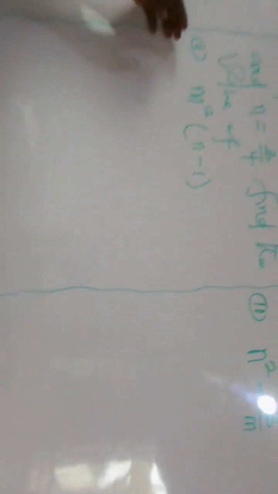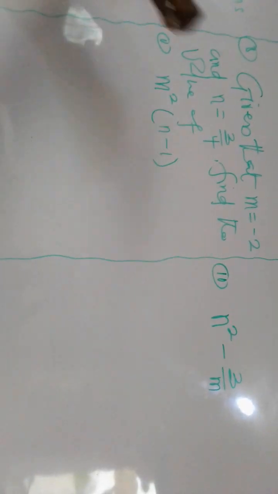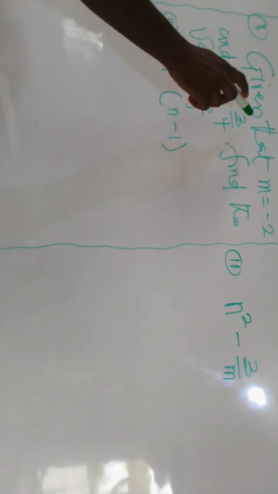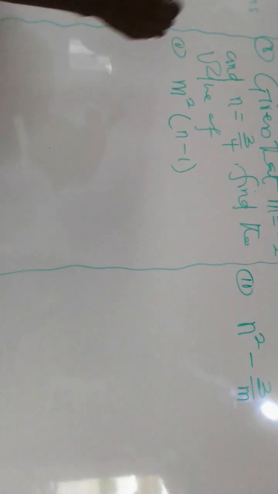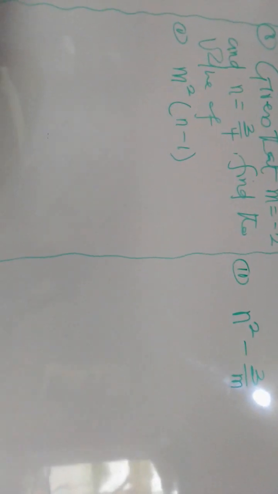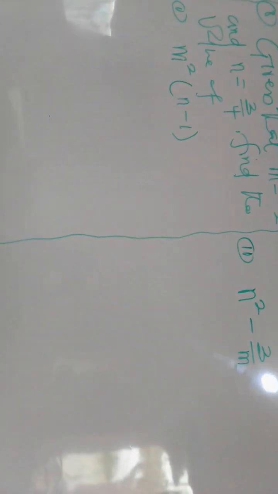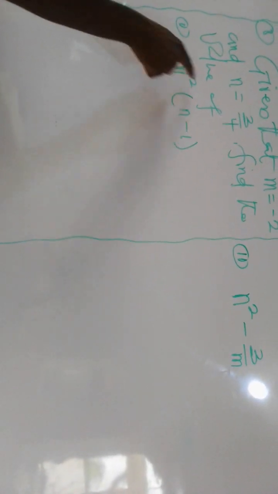The last question says, now this one is substitution. Given that M equals negative 2 and N equals 3 over 4, find the value of the expressions. It means that wherever you see M, put the values there. Wherever you see M, put the values there. So we are going to have M is what?